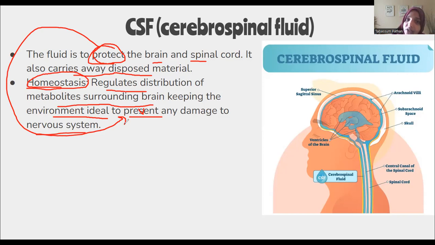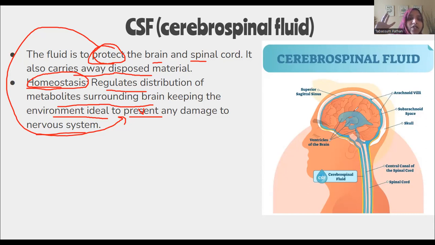Even the brain requires energy, right? So metabolites are distributed just like by blood. But blood will not be circulating in the brain; there is a barrier between blood and brain in your central nervous system. You will not find blood vessels everywhere in the brain and the spinal cord. So in place of blood, which carries waste and gives oxygen and nutrients to different parts of the body, majorly in the brain the cerebrospinal fluid will do that work.